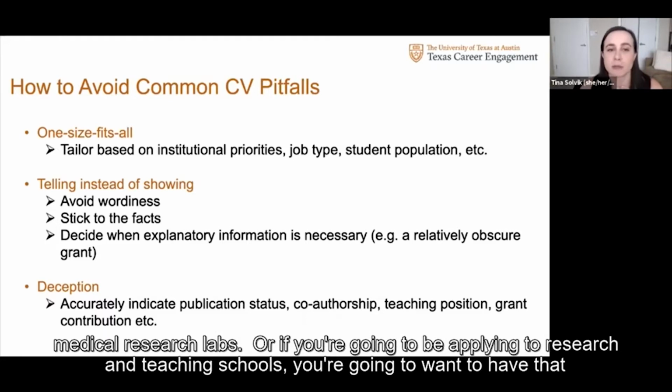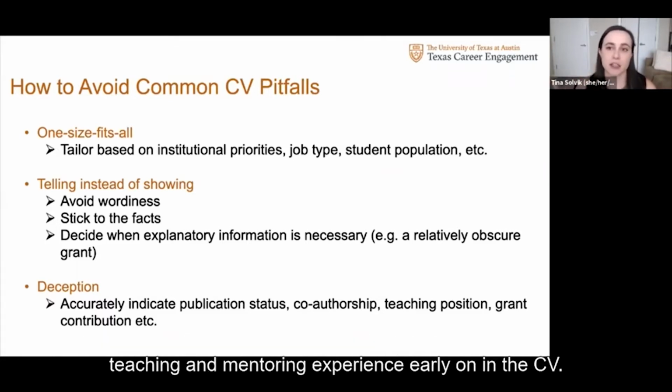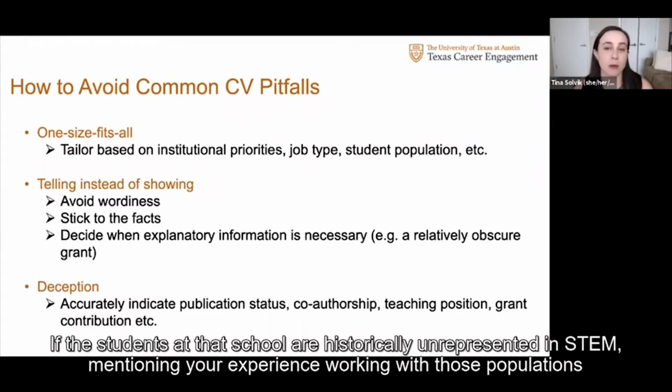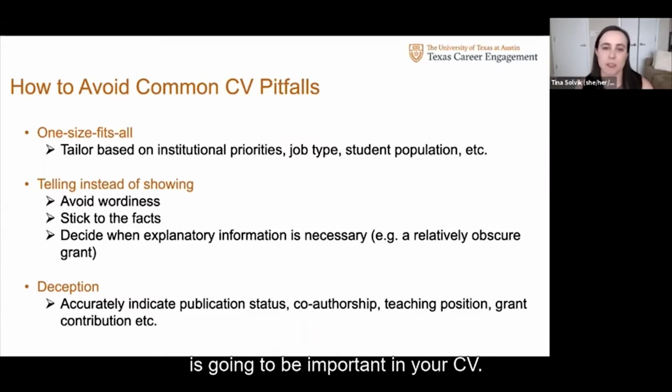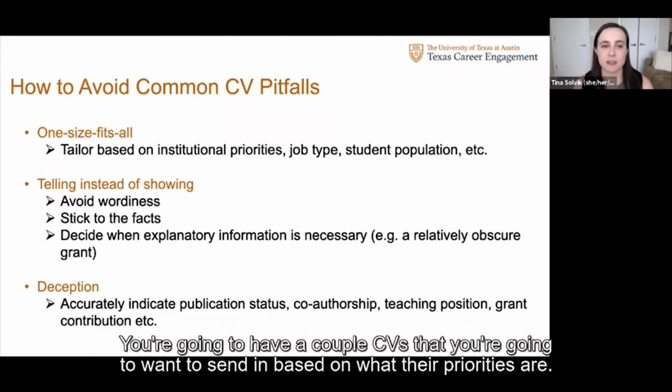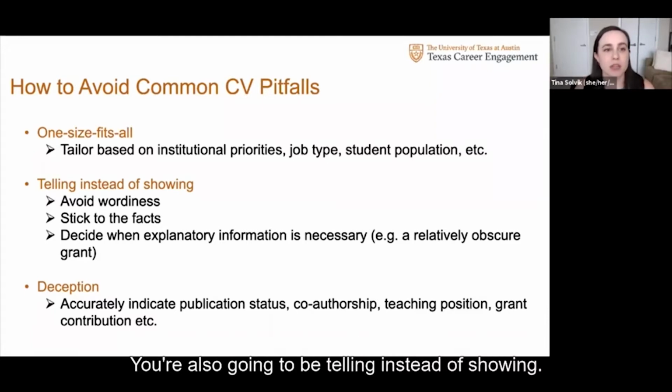Or if you're going to be applying to research and teaching schools, you're going to want to have that teaching and mentoring experience early on in the CV. If the students at that school are historically unrepresented in STEM, mentioning your experience working with those populations is going to be important in your CV. So you're going to have a couple of CVs that you're going to send in to different institutions based on what their priorities are.